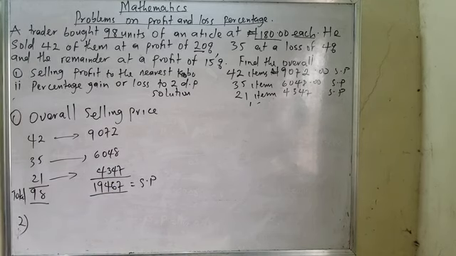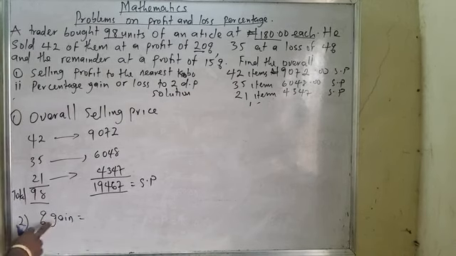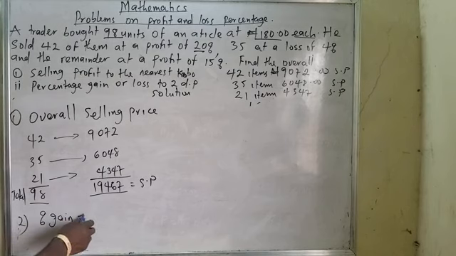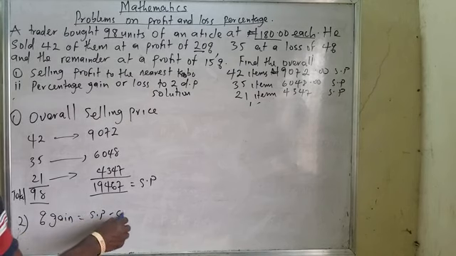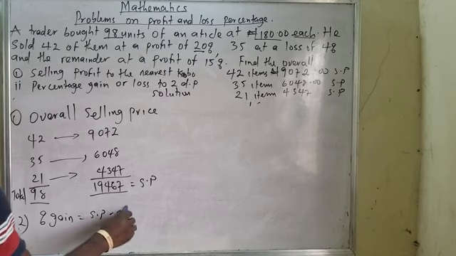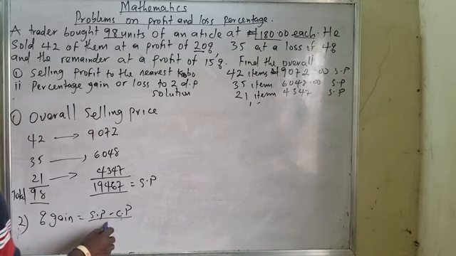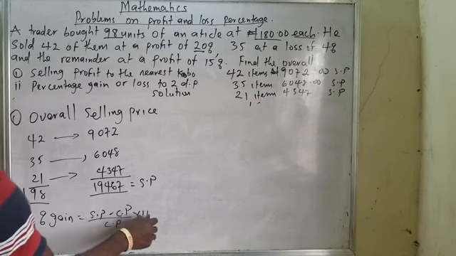If the cost price is lower, it means it will be a gain. Percentage gain will be equal to profit, which is selling price minus cost price divided by cost price multiplied by 100.